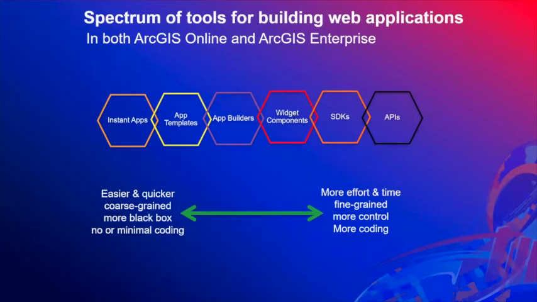The use of SDKs, for instance, wanting to make a specific app for use on your mobile device. This can be done using our ArcGIS Runtime SDK. Also, a lot of our users are using JavaScript APIs to write specific web applications in the browser. There are a lot of options here for you.